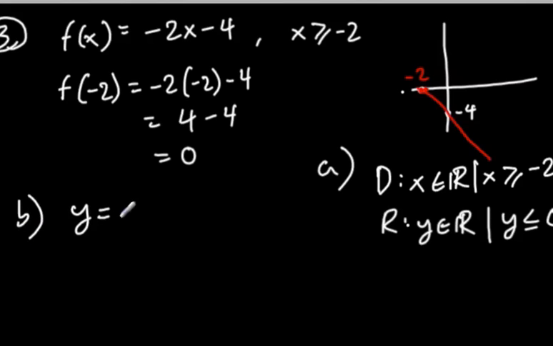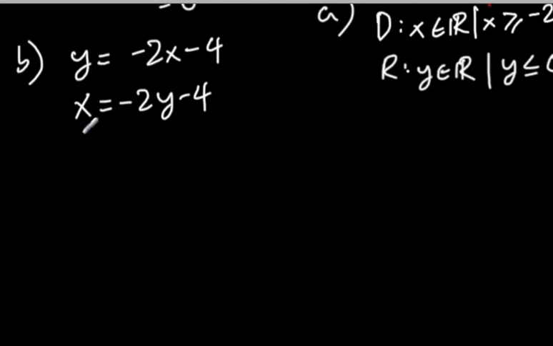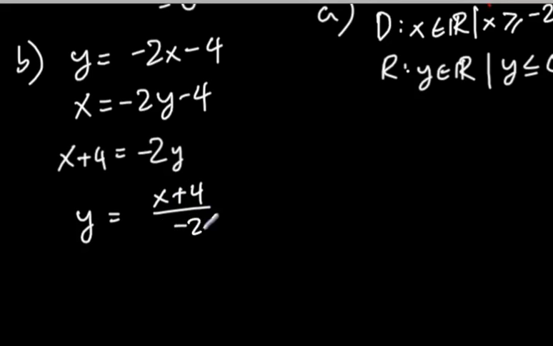So y equals negative 2x minus 4. Remember, the first thing you do is switch the x and y. And let's solve for this. So this becomes x plus 4 equals negative 2y. I just added 4 on both sides, and then I'm dividing by negative 2. So it's x plus 4 divided by negative 2.